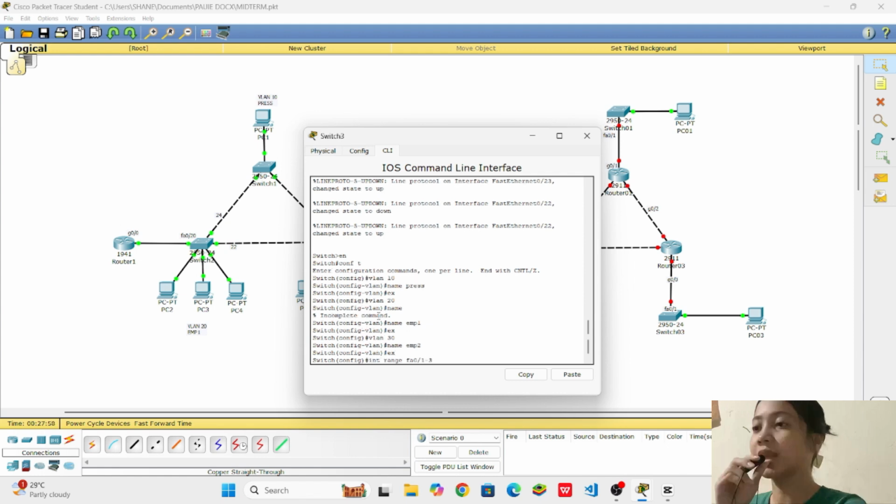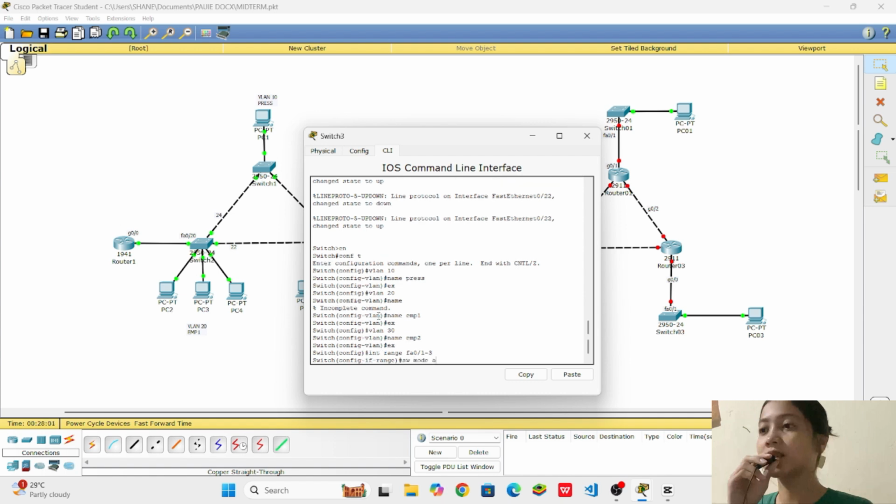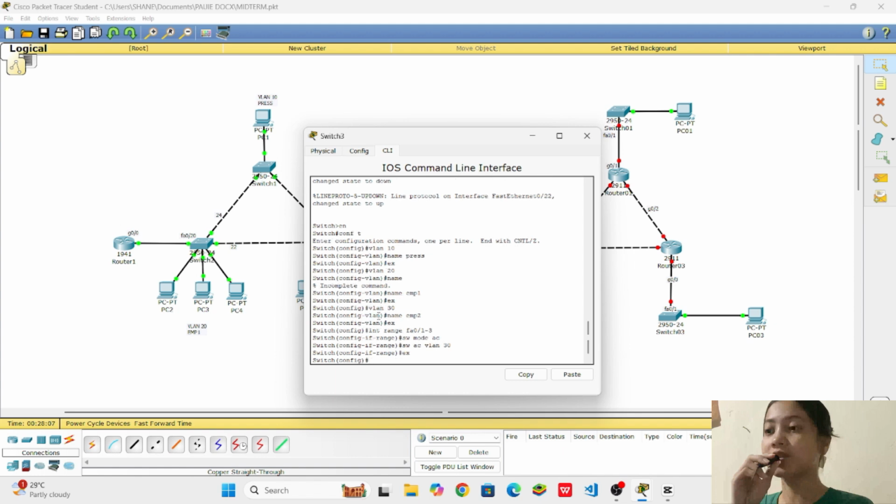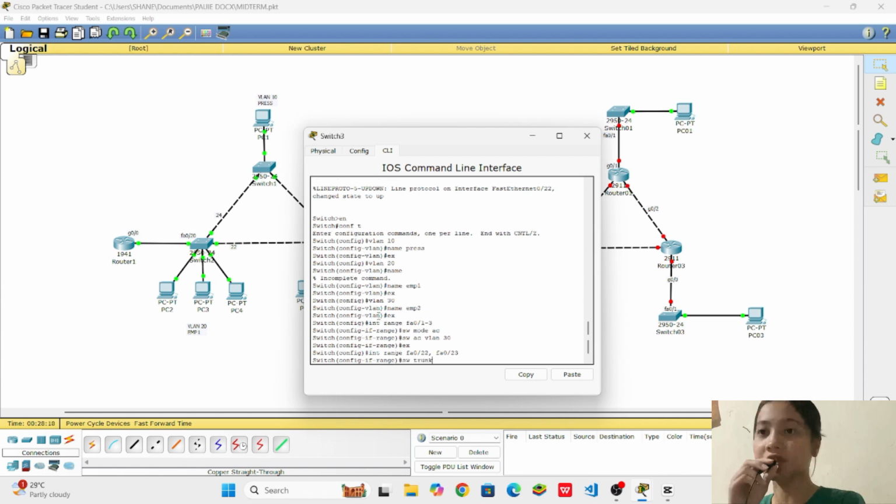The STP prevents loops and chooses the root bridge for the VLAN. It is choosing the shortest path to send the messages for each switch.